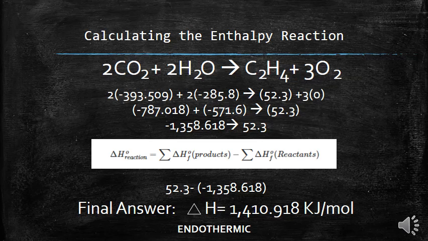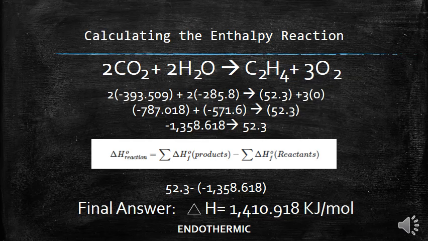So then that simplified. Now we're on the second line where it says negative 787.018. So I added together the reactants and I added together the products, and that simplified down to negative 1,358.618 on the reactant side, and the products simplified down to 52.3.